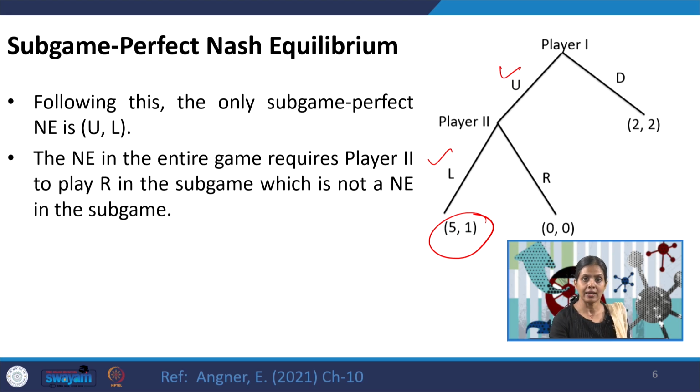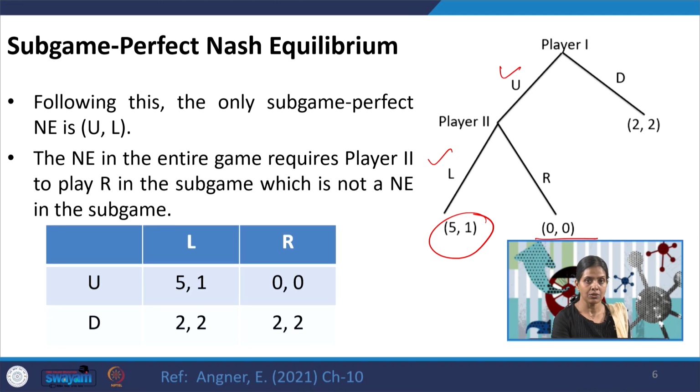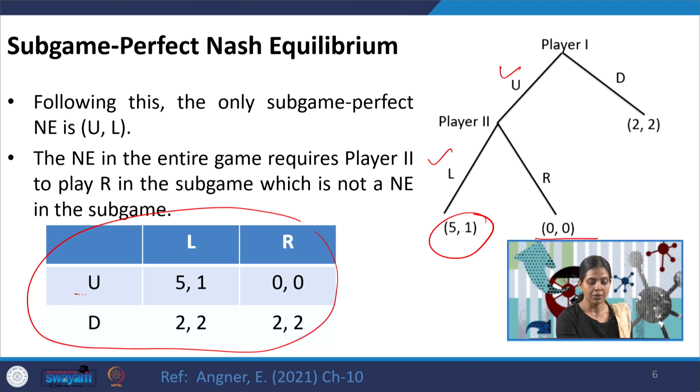The Nash equilibrium in the entire game requires player 2 to play R in the subgame, which is not a Nash equilibrium in the subgame. What I mean is that if I write it as a normal form game and try to find the Nash equilibria, what do I see? When player 1 plays U, player 2 is better off playing L. When player 1 plays D, player 2 is indifferent between L and R because both give the same payoff.